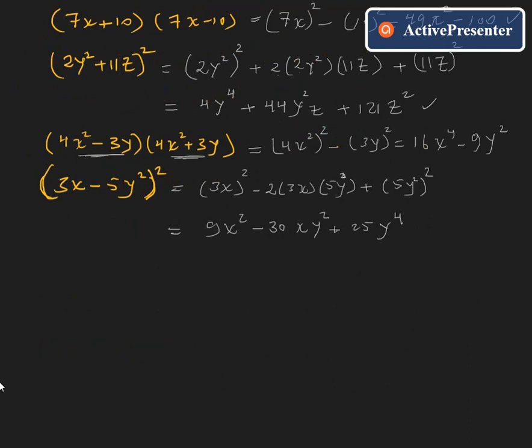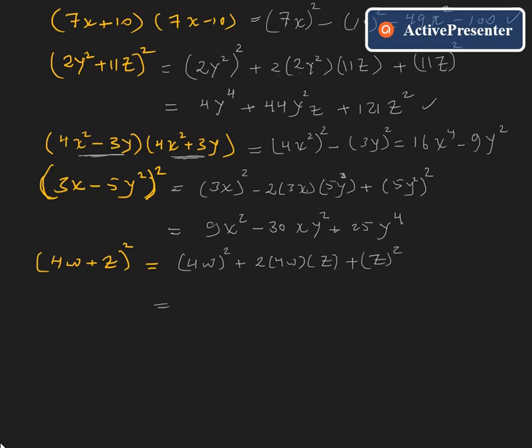Another question, if it comes like (4w plus z) all to the power 2, this is a binomial raised to the power 2, so it should be the first element squared plus 2 multiplied in the first element, 4w, multiplied in z, plus the second element squared, z squared.